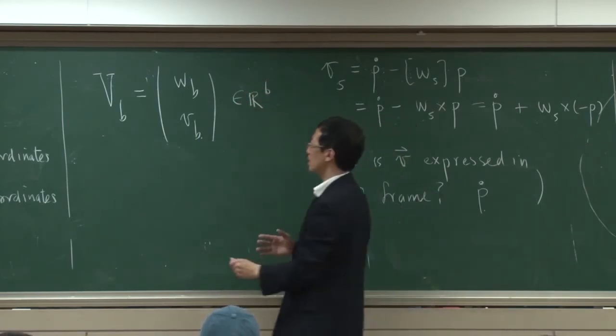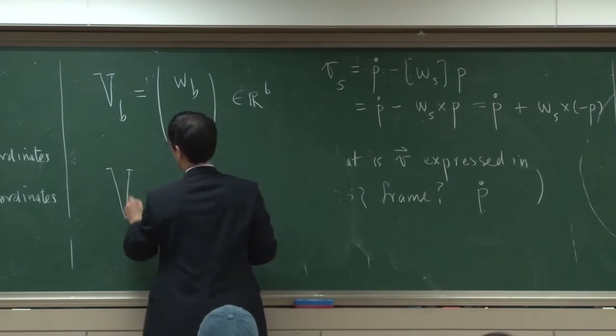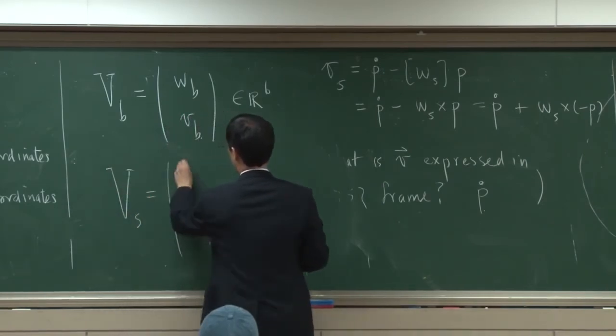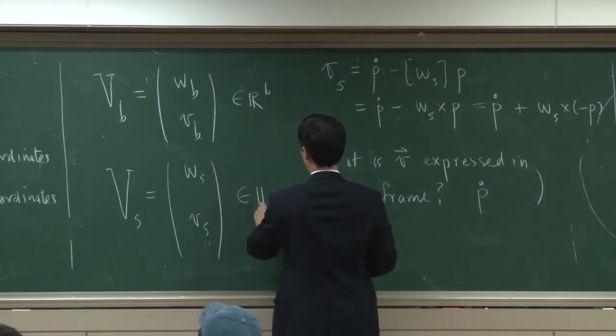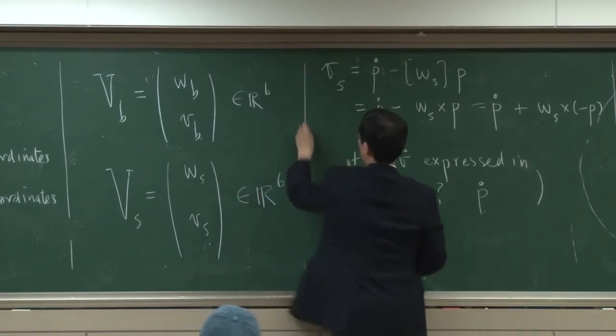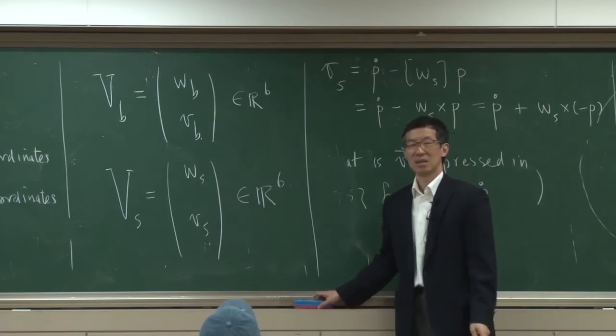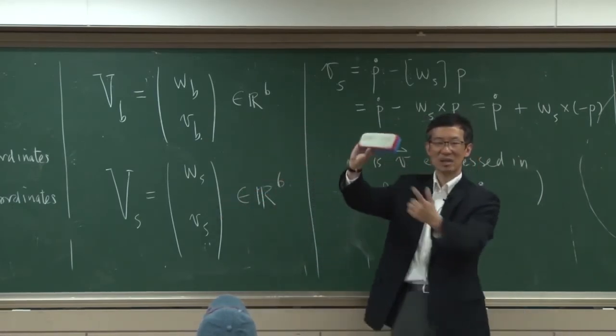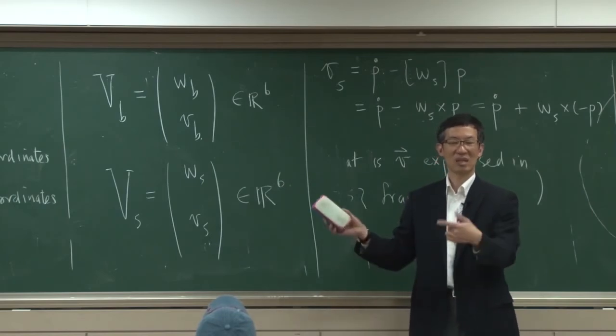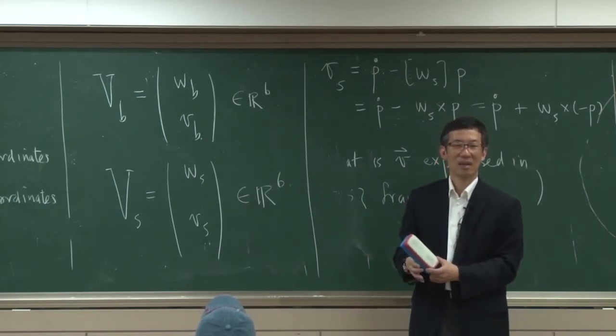And V sub s is omega s and v s stacked on top of each other. So now when you see a moving body with a frame attached to it, I ask you, what's its velocity?